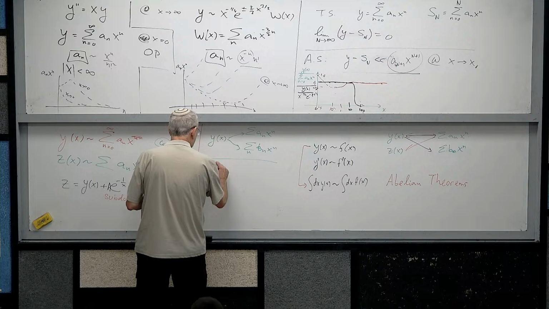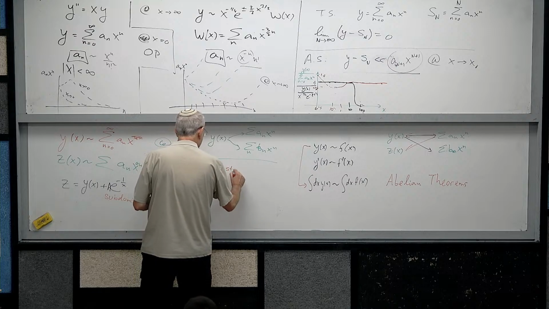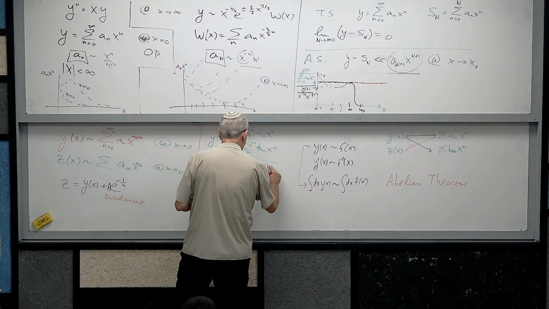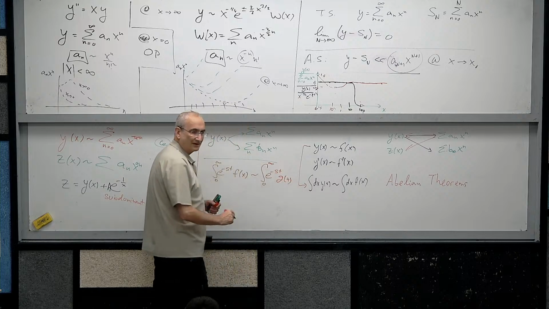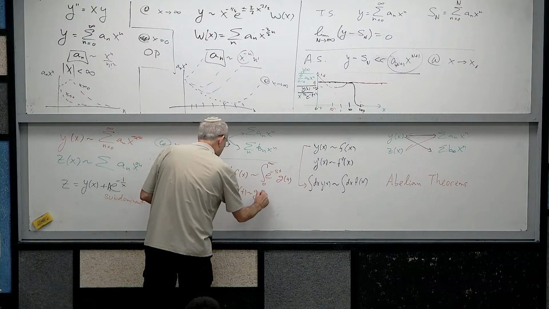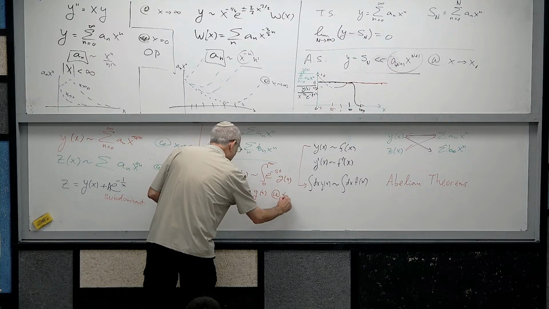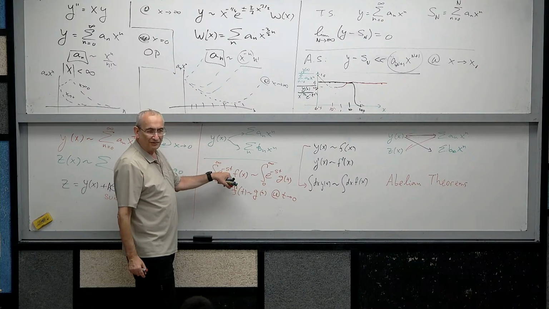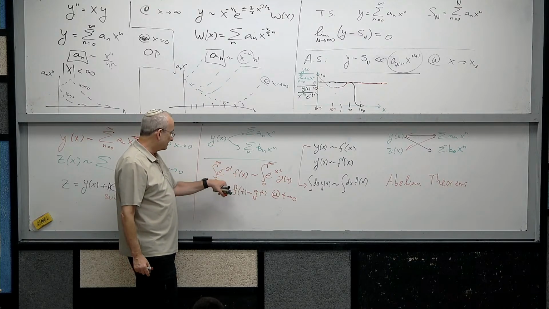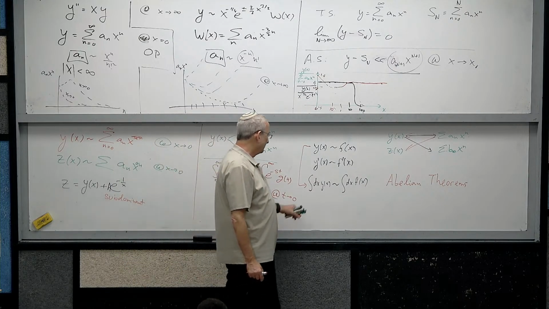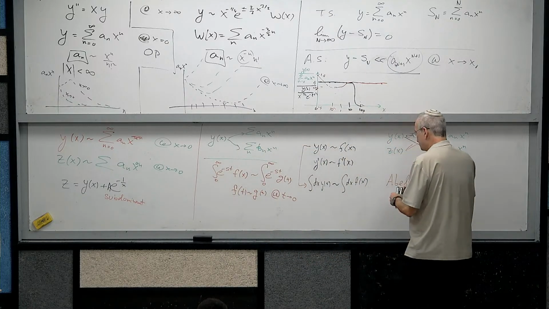One may assume that the integral from 0 to infinity of e to the minus st f of t is asymptotic to the integral from 0 to infinity of e to the minus st g of t, if f of t is asymptotic to g of t as t goes to 0. You see why t goes to 0? Because of the s. This is the kind of behavior that people use. These are Abelian theorems.